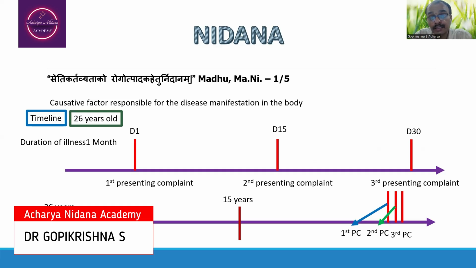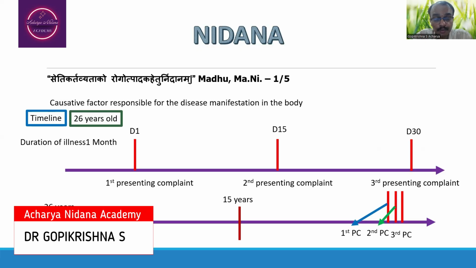And on the 30th day, he is having the third presenting complaint. So we have to identify which particular dosha is being afflicted and what might be the possible Nidana that may be attributing to this particular presenting complaint; that has to be analyzed.